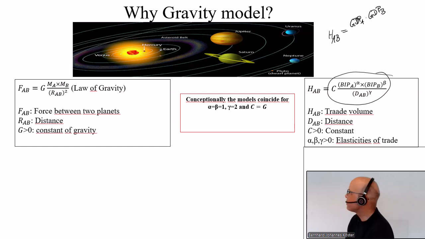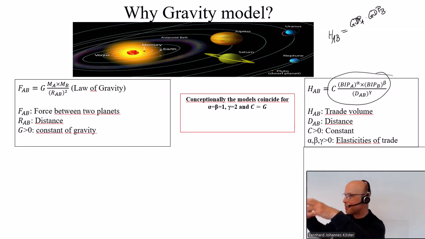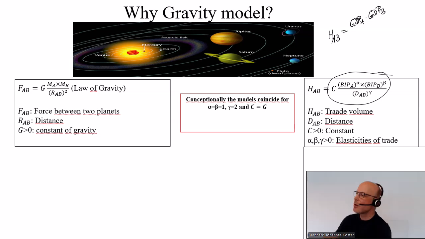And you would also have the problem that if the number we are subtracting is larger than the positive number of the product of the two GDPs, then we would obtain a negative number for the trade volume. And this is also not a nice feature of such a function.